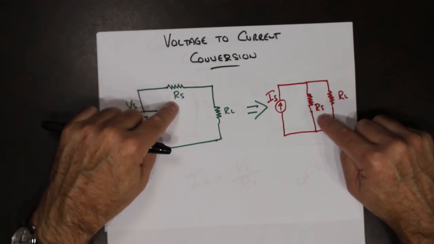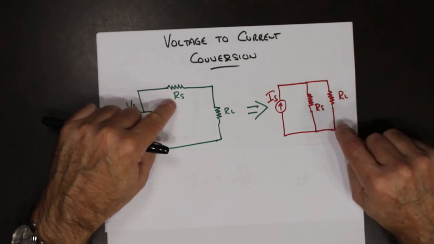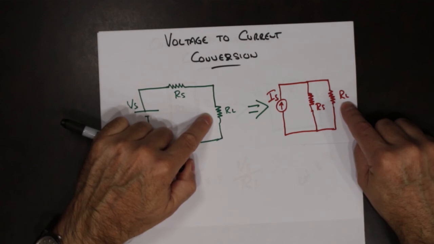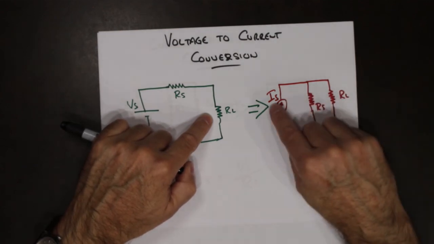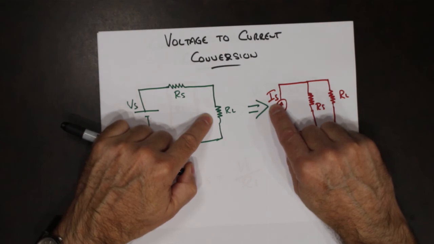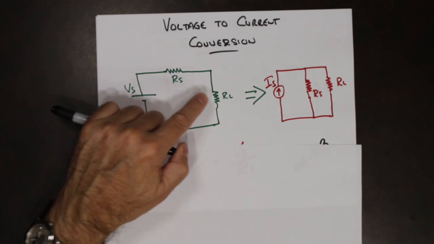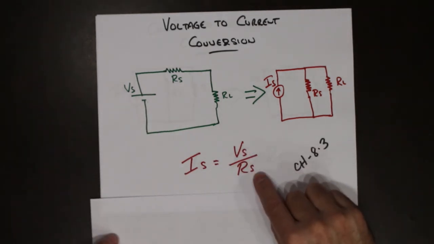RS remains the same. It just changes location. It goes from a series circuit to a parallel circuit. RL remains the same as well. So what we need to do is calculate what IS would be. Ohm's law tells us that IS is equal to VS over RS.